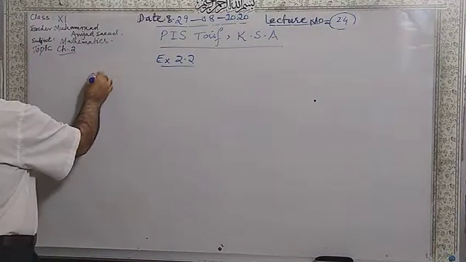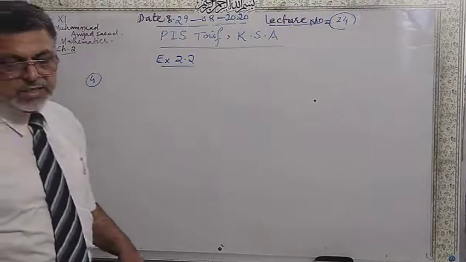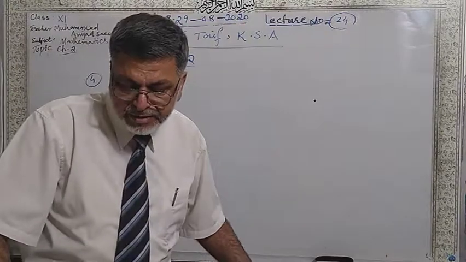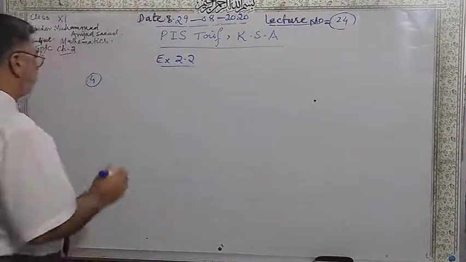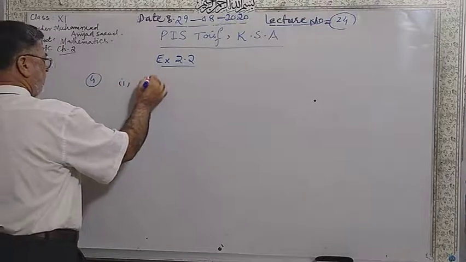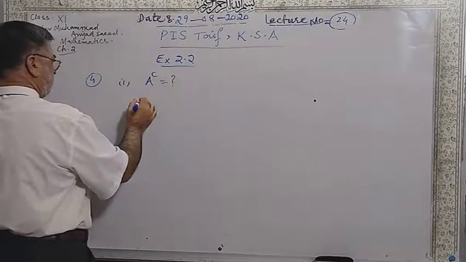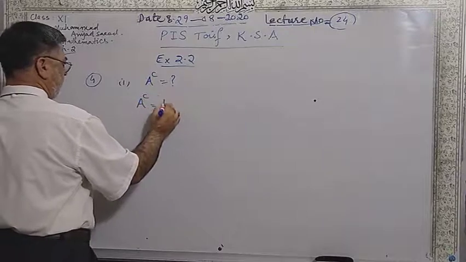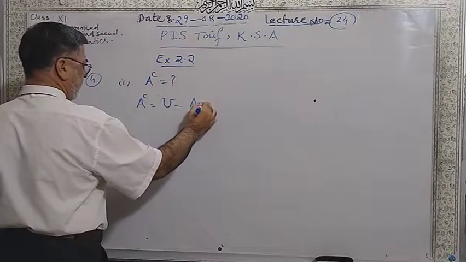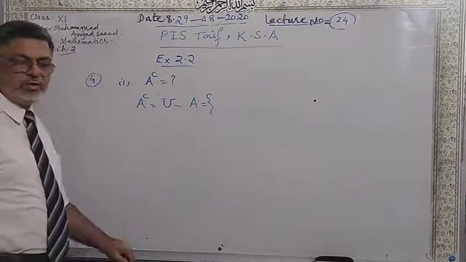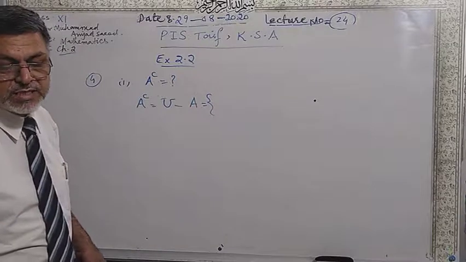Question number 4. First part is find A complement. A complement is universal minus A. What is universal?